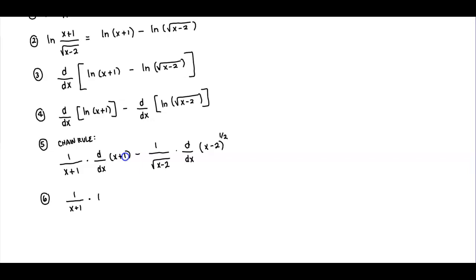So this is times 1, minus 1 over the square root of (x - 2). Now remember that the derivative of this function is going to be 1/2 times (x - 2) to the negative 1/2.